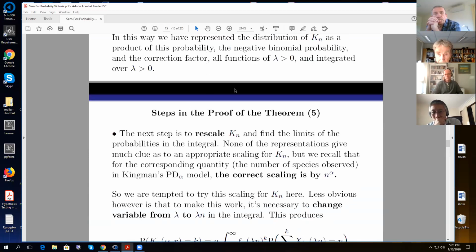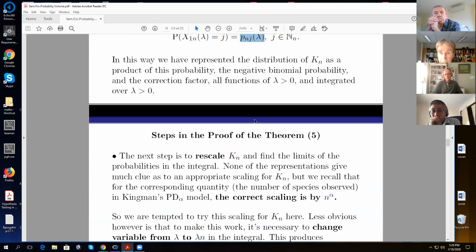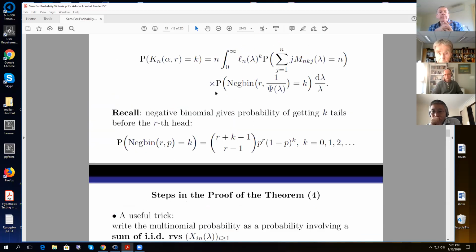So that's another reduction. The next step is to rescale Kn. You can look at the equation, whichever one it was, for quite a while, and still wonder how you're going to get the limit with n.